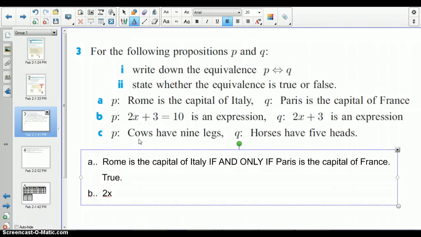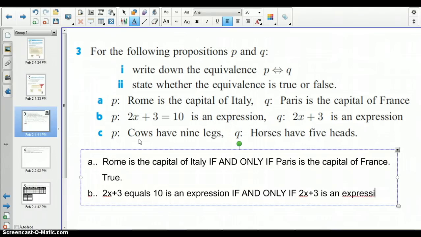Look at the second one. 2x plus 3 equals 10 is an expression if and only if 2x plus 3 is an expression.